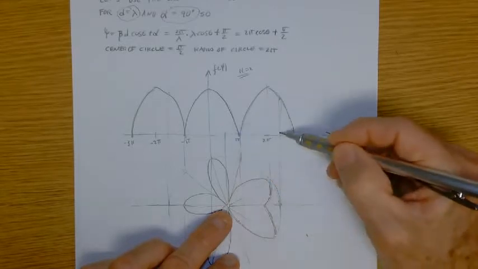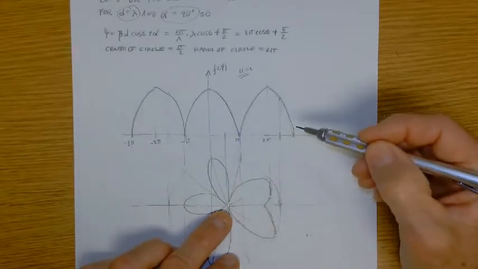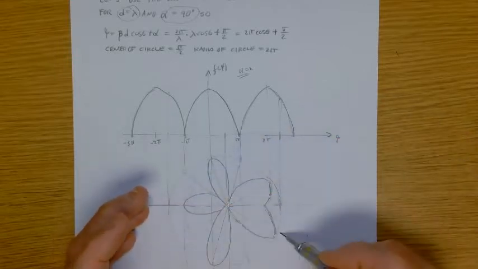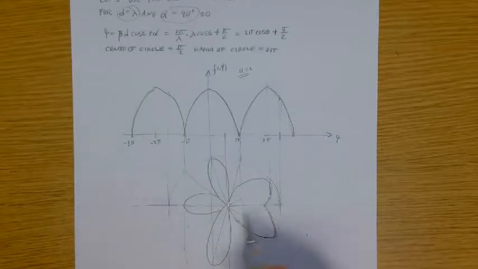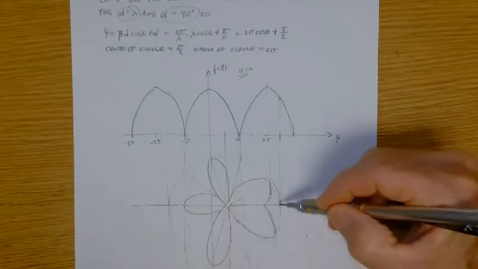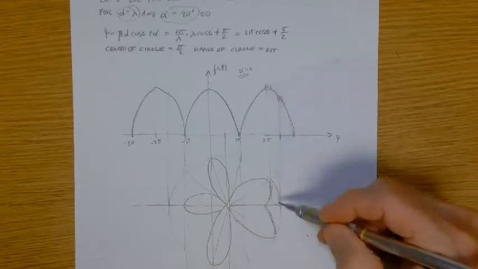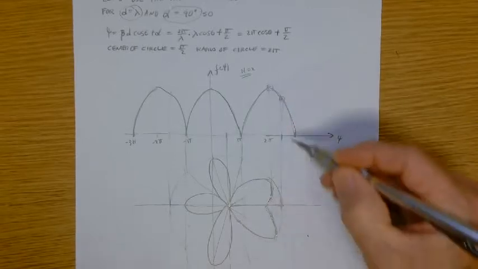From here to here is 2 pi. So then I strike my circle and I'm good. Now remember, theta is measured up this direction. So in the theta equals 0 direction, I go up. I'm right here. I'm not at a max. So that's why that little dimple is in there.